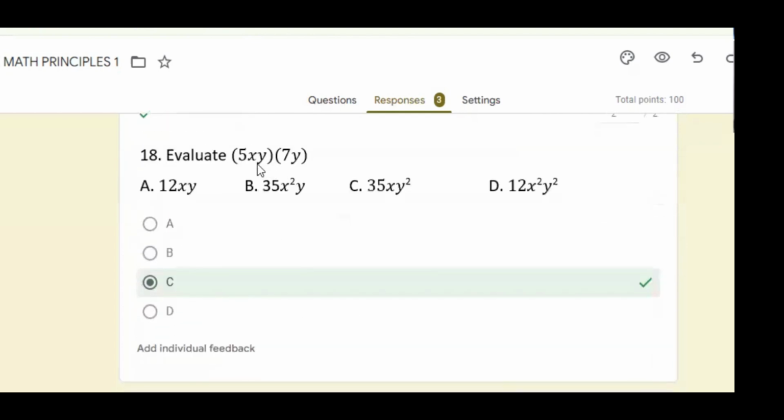For this, is this addition or multiplication? Look at what we have here. This is multiplication. Yes, absolutely. So can you tell me what we get and how?